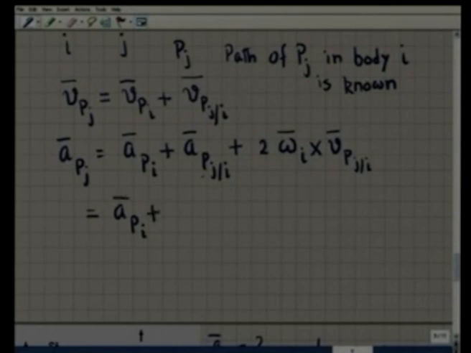There are two components of this APJI. The path of PJ in body I is known. So, this has two components, one normal to the path and the other tangential to the path.